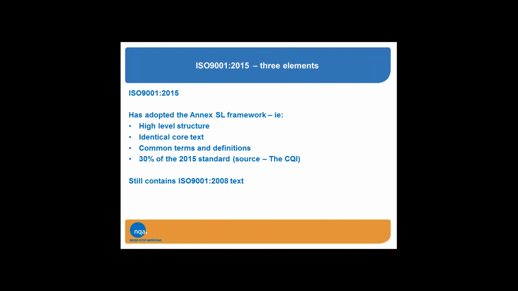It still contains a substantial amount of the 2008 text, and any of you that have read through the standard will have observed that. And there are some specific changes in 9001 which have been made for the 2015 standard.